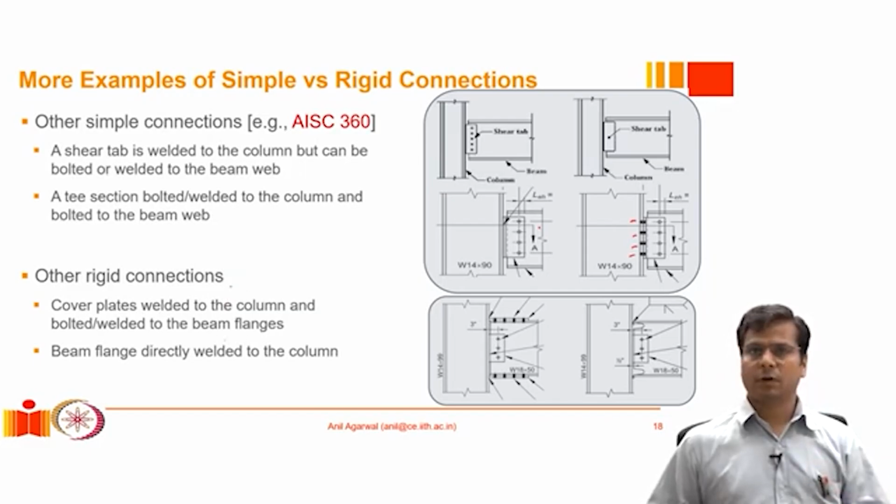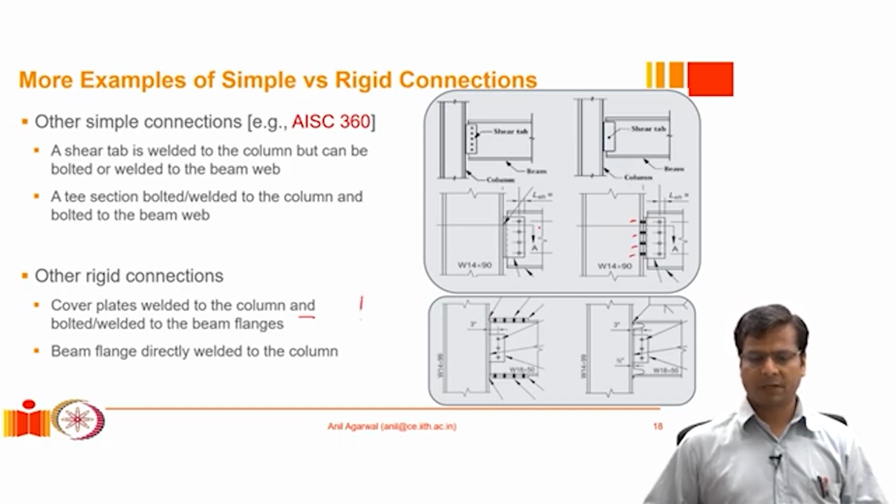And the other one that we saw was where we had used two T-stubs next to each flange to transfer the force. Another variation of that T-stub type of connection is, wherein we don't use a T-stub, but we simply use a plate like a cover plate, and that cover plate is directly welded to the column. Right?